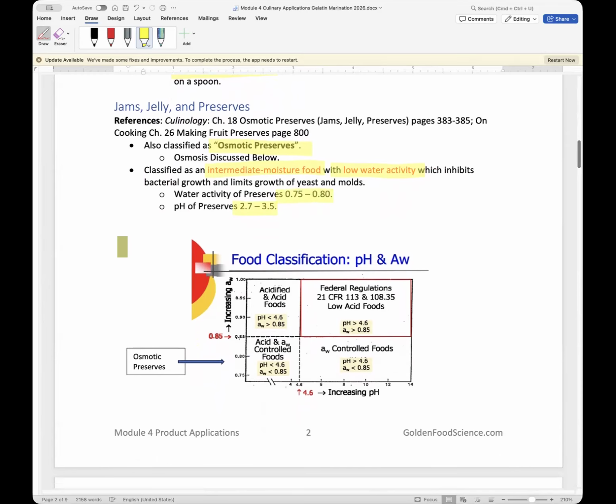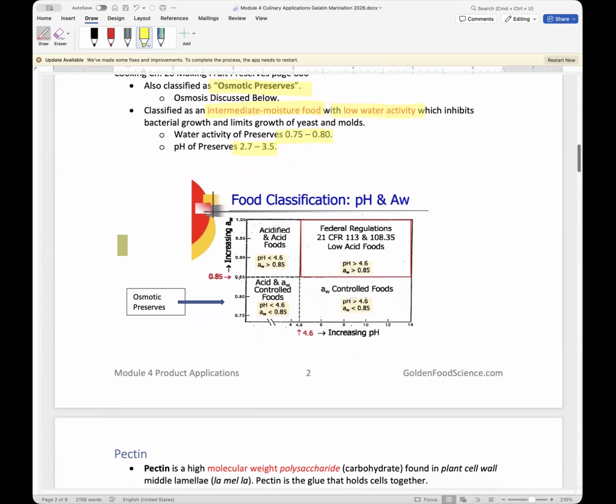Because they have a low pH and a low water activity below 0.85, they are considered acid and water controlled for safety. So these are shelf stable products.